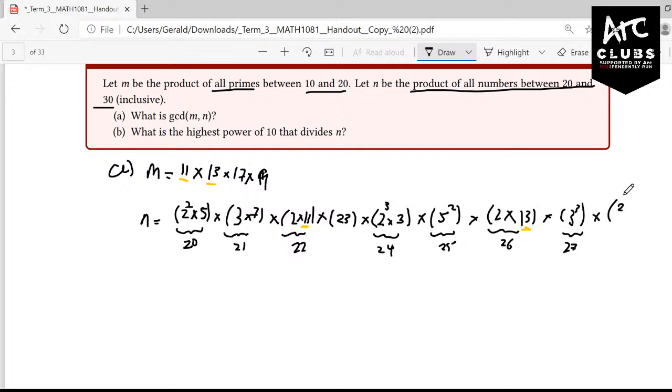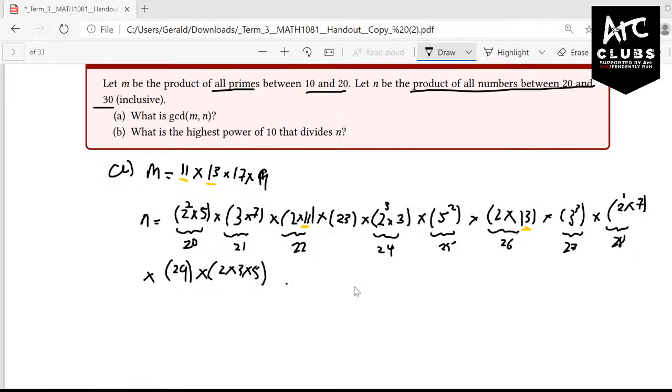So we get 2 squared times 7. And then we'll continue. Multiplied by 29. But 29 is prime. So that's just 29. And 30 is 3 times 10, but that is just 2 times 3 times 5.